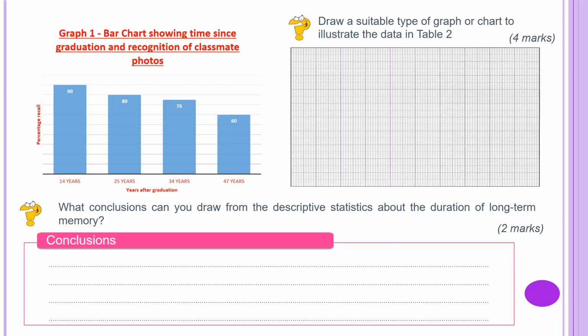Okay, so welcome back. So your graph should look something like that. 7 years, 47 years.